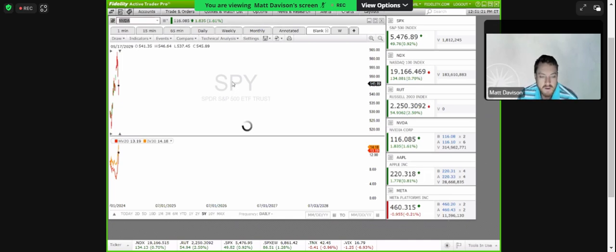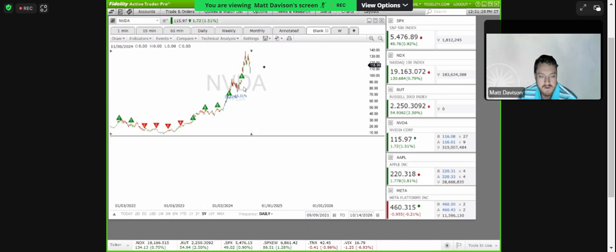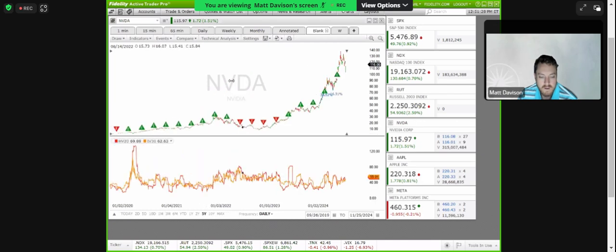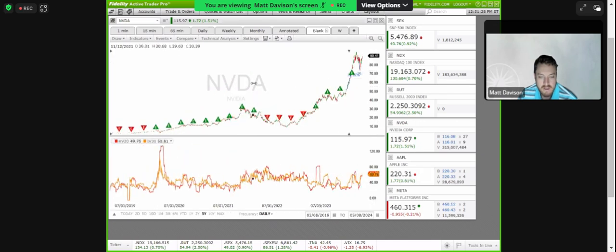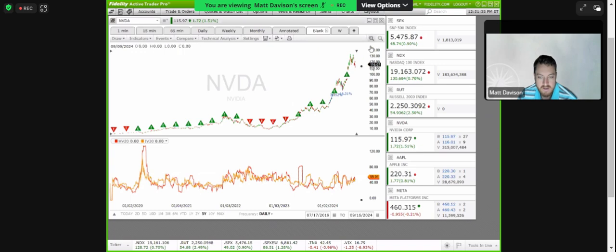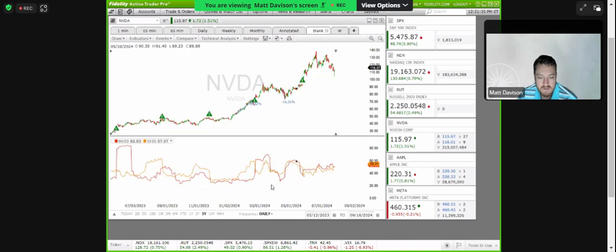So this is what was going on with NVIDIA at the time, and hopefully my implied volatility is going to cooperate with me here. Okay, beautiful. It is. We're looking at the same thing. And you can see these moments in time where the implied volatility itself is expanding in the orange line. And it's because the stock is actually going up.